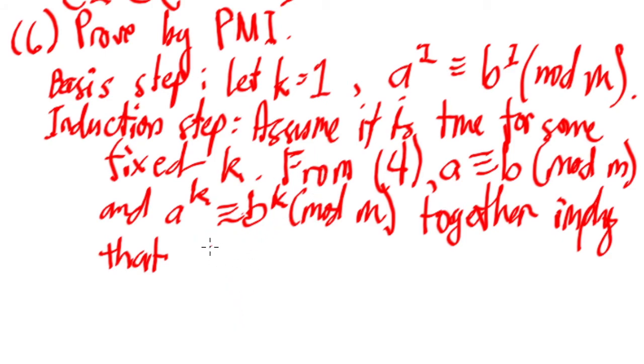So if we multiply them, this becomes A times A raised to K is congruent to B times B raised to K mod M.